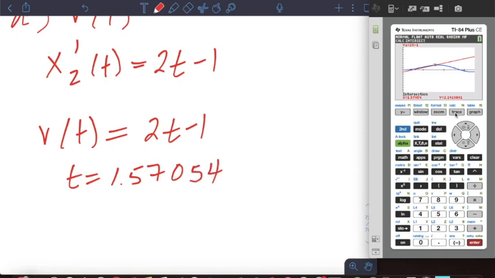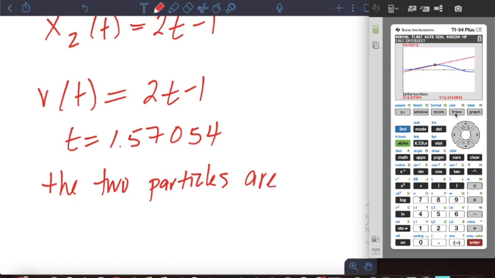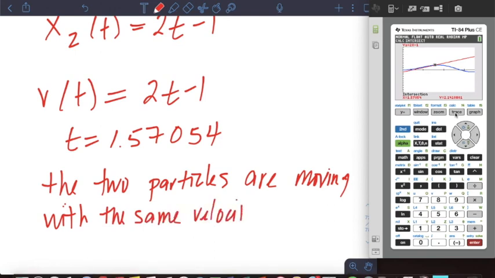The two particles are moving with the same velocity at t equals 1.571 if you wanted to round it up. If you just truncated it and cut it off at 1.570, that'd be fine.